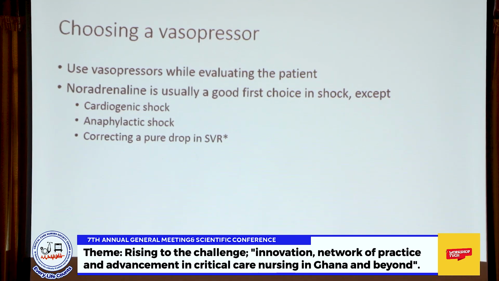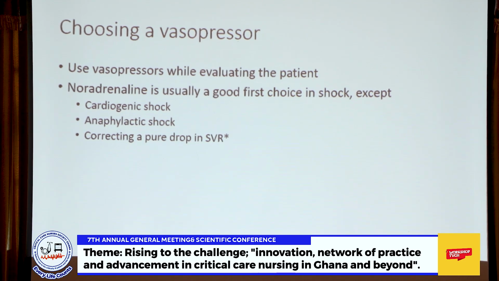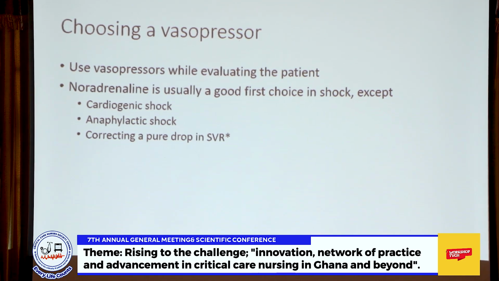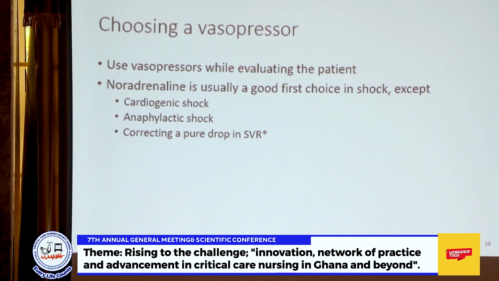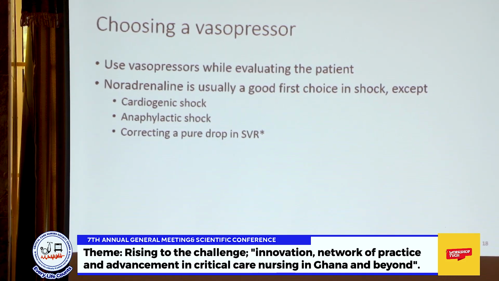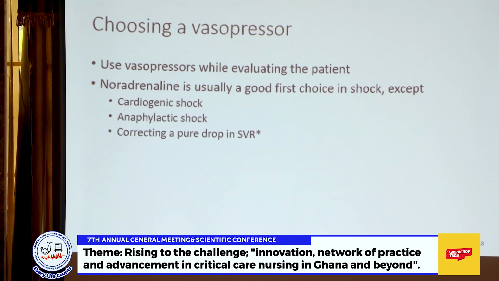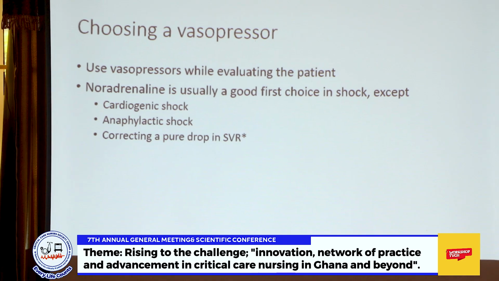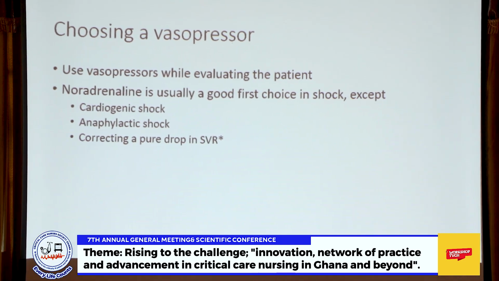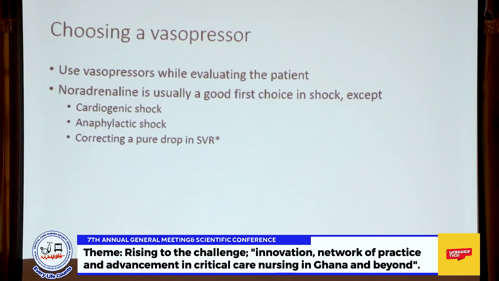We said noradrenaline has alpha effects that can cause vasoconstriction and increase the mean arterial pressures, right? Now, what we should know is that in as much as we want to increase the systemic vascular resistance, there are certain situations where we wouldn't want to, because that would increase afterload. And if you increase the afterload, it will make it a little bit difficult for your left ventricle to pump blood out of the heart.